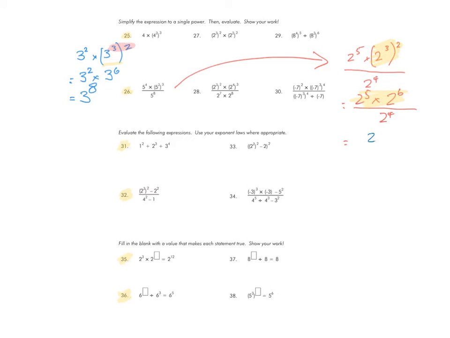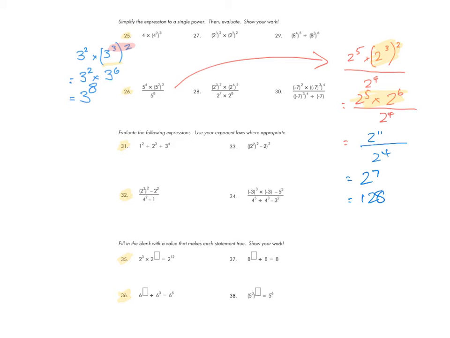So it's going to be 2 to the exponent 11 all over 2 to the exponent 4. And when we divide, instead of adding the exponents, we subtract the exponents. That's 2 to the exponent 7. And 2 to the exponent 7 is 128. So that's how you do a question like number 26. Okay?